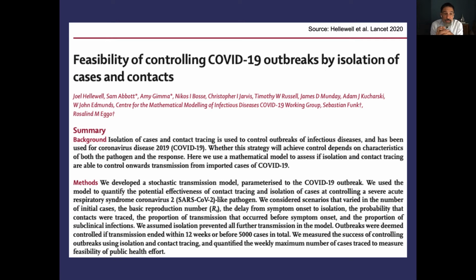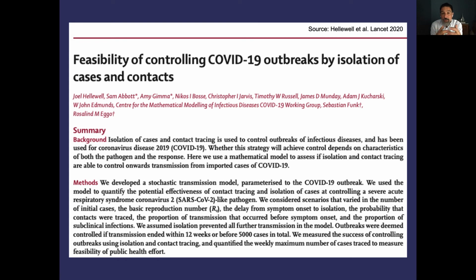So did they trace 50% of the contacts? Did they trace 80% of them? And the proportion of transmission that occurs prior to symptom onset, and also importantly, the proportion of transmission that is resulting from subclinical infections or asymptomatic transmission.